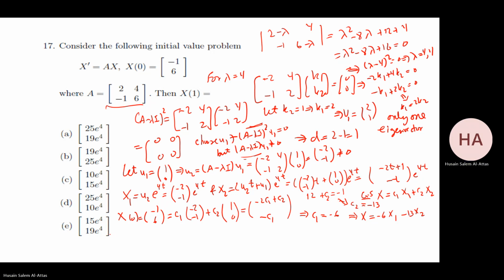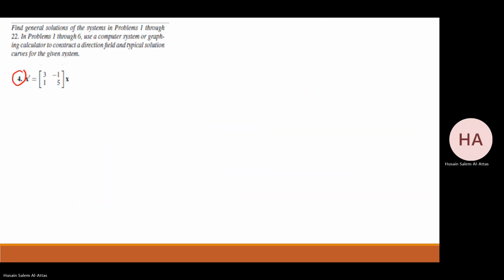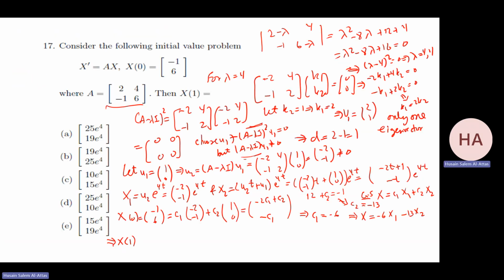Now, what will be x at 1? Let me do it at the same time. That will be minus 6 x1 at 1. x1 at 1 is (minus 2, minus 1) e to the power 4, minus 13 x2 at 1.